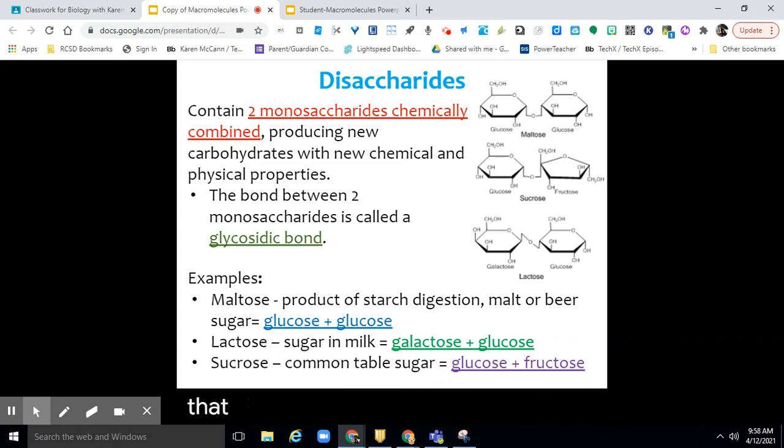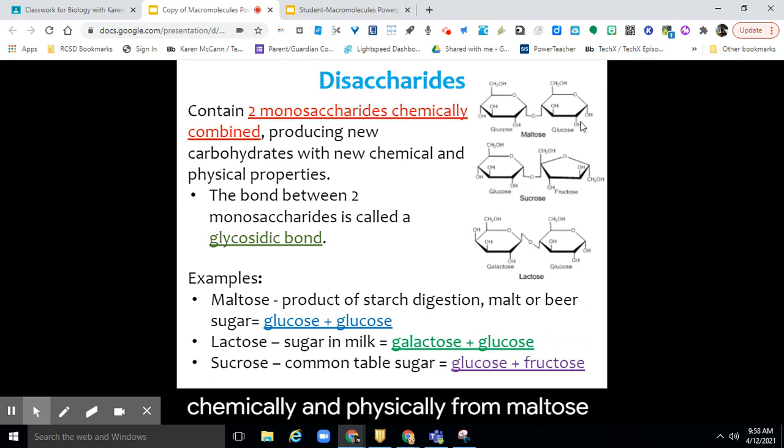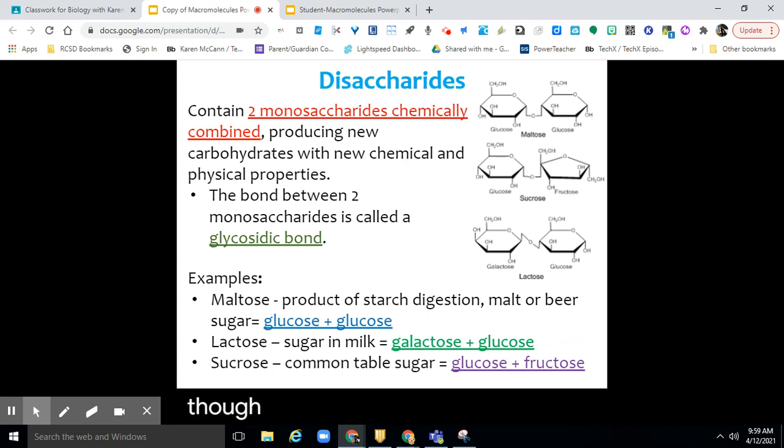What that means is glucose is different both chemically and physically from maltose, even though maltose is made up of two glucose molecules combined. Even though glucose is in maltose, they don't react the same chemically, and they actually physically look different from each other. Very important for you to understand.